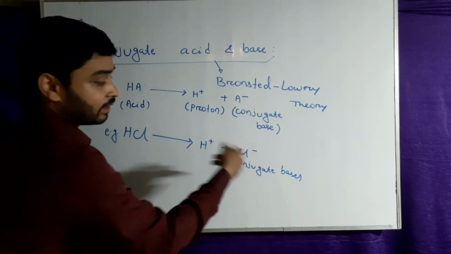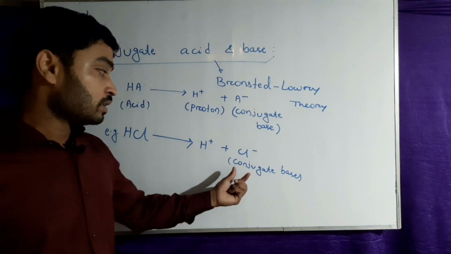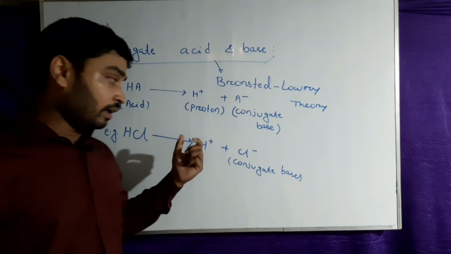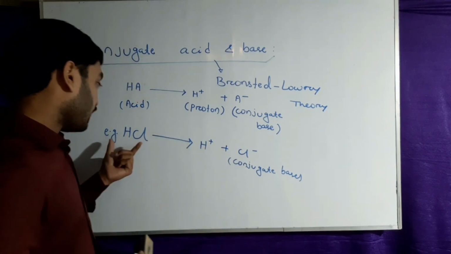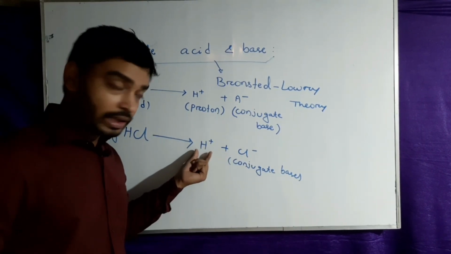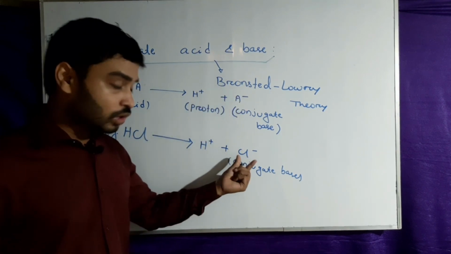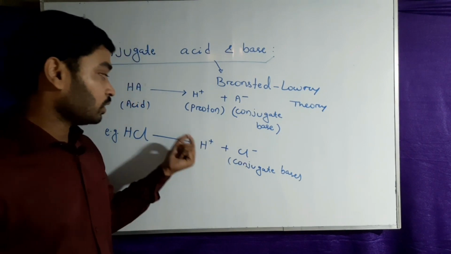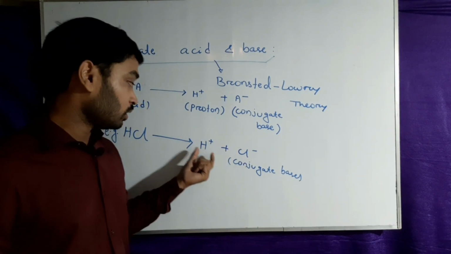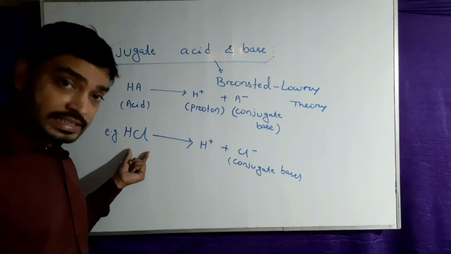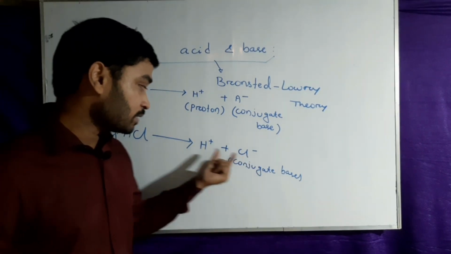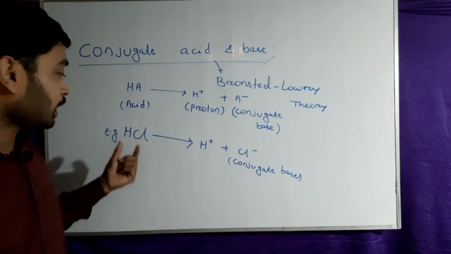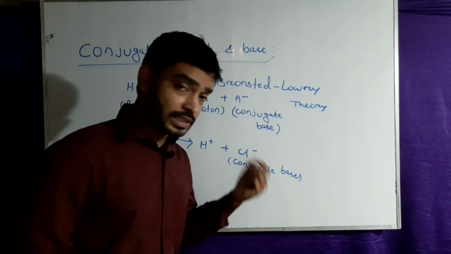We can say that Cl minus is the conjugate base for HCl. Acid has the tendency to donate H plus ion according to this theory, and the conjugate base has the tendency to receive the H plus ion or proton to give the acid. So every acid has its conjugate base.